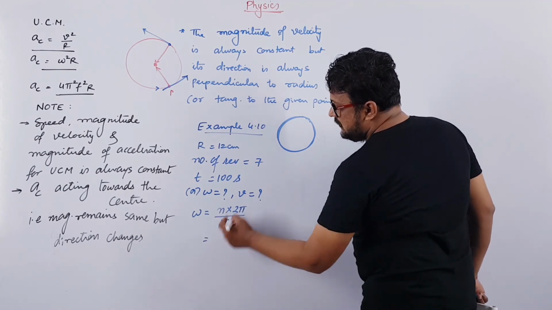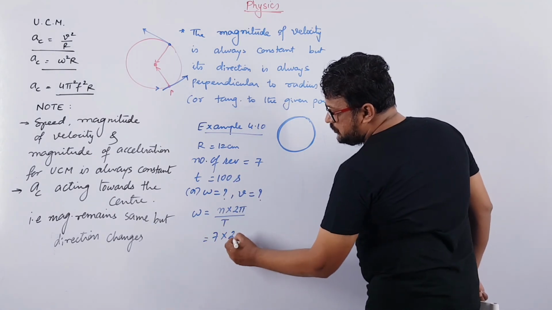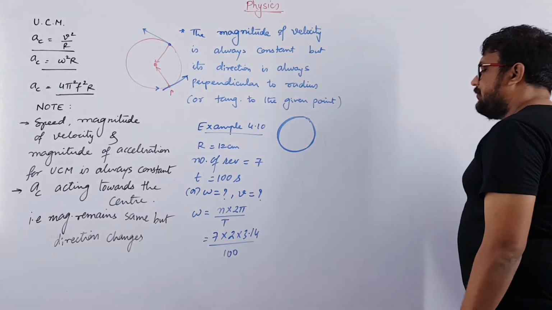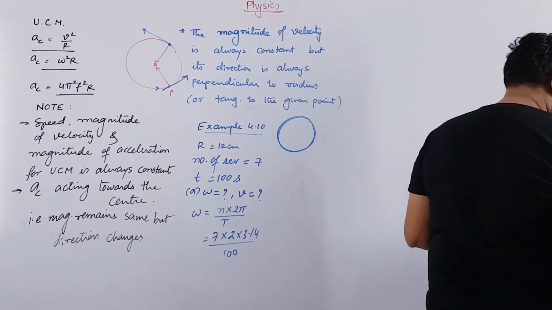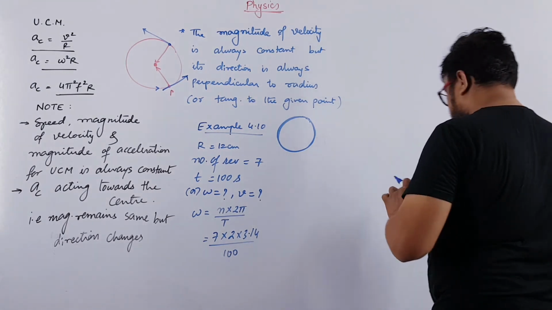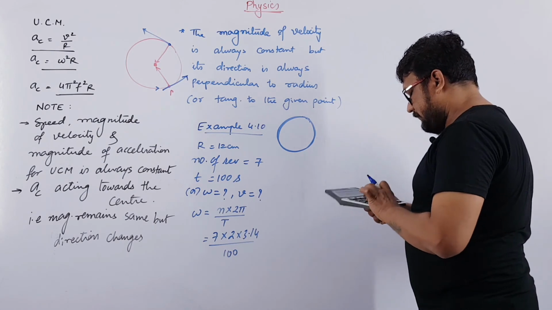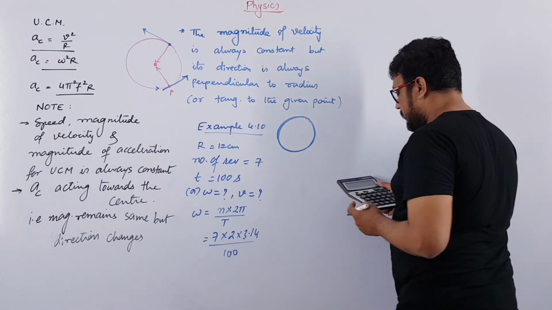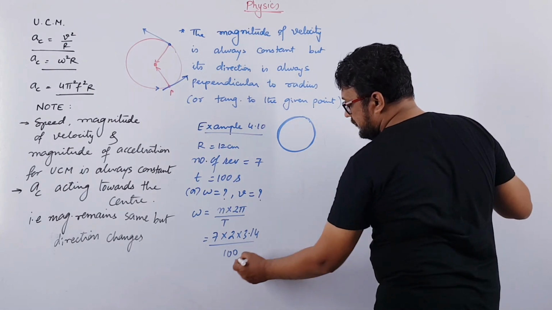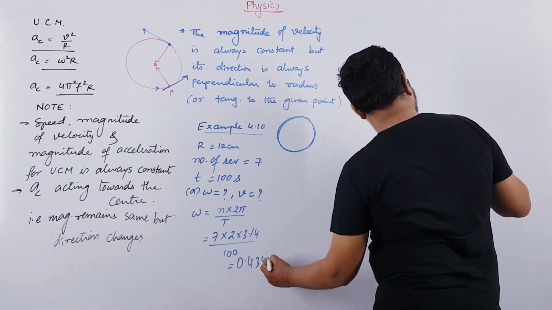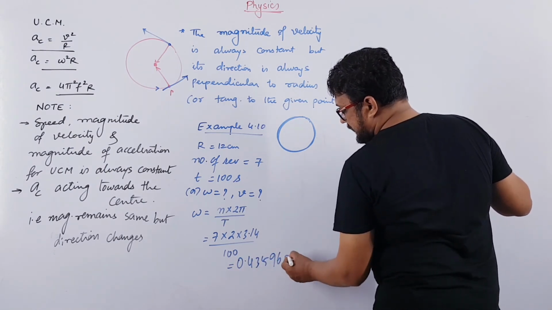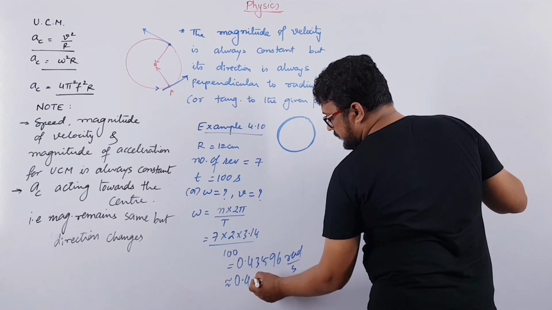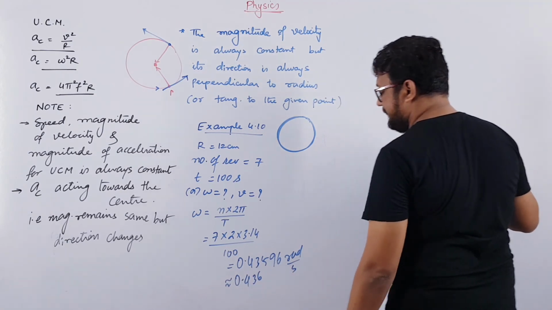Here n is 7, so 7 into 2 into 3.14 by 100. 7 into 2 is 14, into 3.14, divided by 100, you will get 0.43596 radian per second. If you want, you can nearly write this as 0.436 radian per second, right?